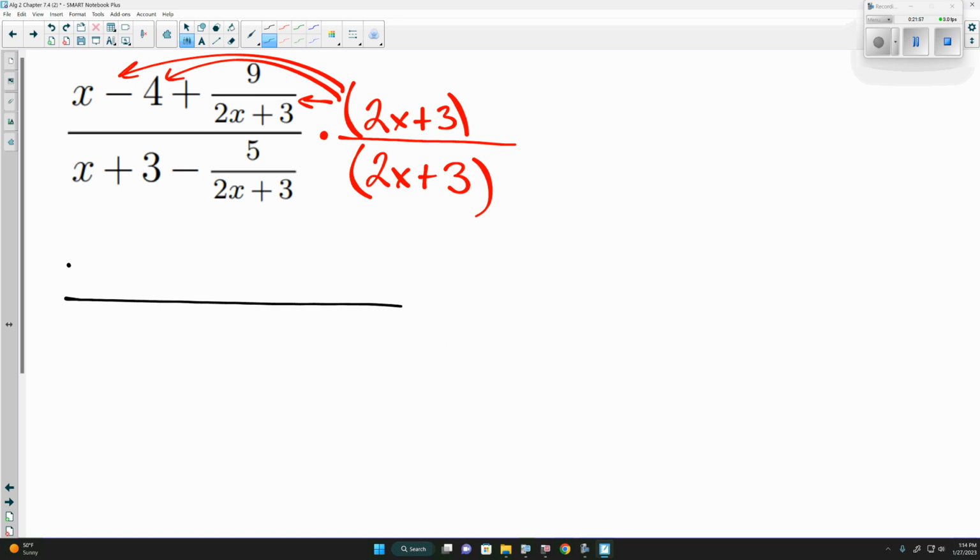So our first one is going to be x times 2x plus 3 minus 4 times 2x plus 3 plus, what's our last one going to be? Because we're going to do 9 times 2x plus 3 over, it'd be 9 times 2x plus 3 over 2x plus 3, which is just what?